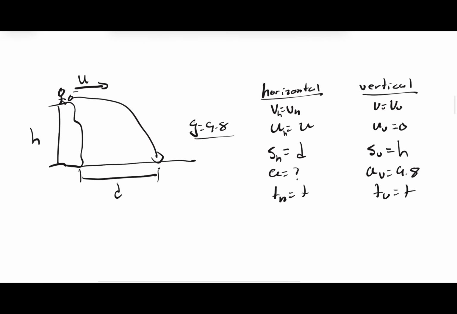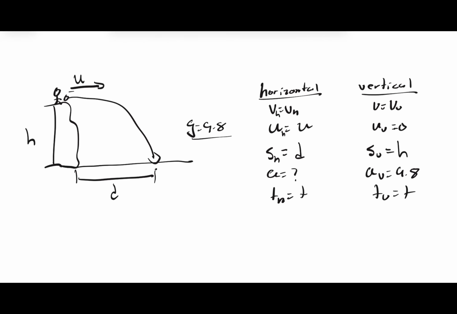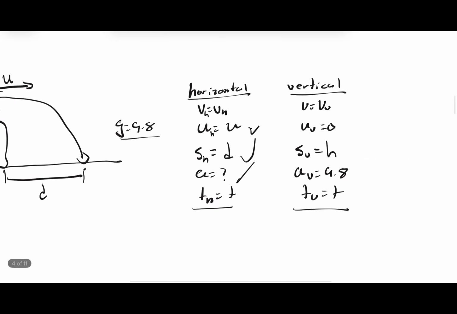Now, what usually comes up is that you would need to link these two to find certain variables. So let's say you only have a horizontal initial velocity and a horizontal distance, and you're asked to find horizontal acceleration, which you clearly cannot because you have two unknowns. You need three knowns and one unknown to find this unknown, okay?